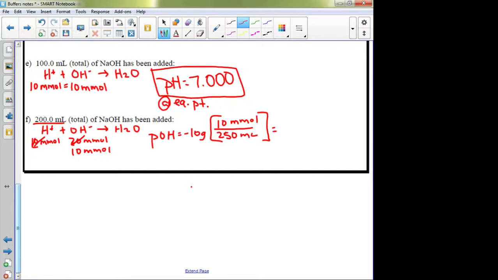And if I did my pOH, I would get 1.398. So now to get pH, I would just do what? 14 minus 1.398, and that gives me what? 12 plus.